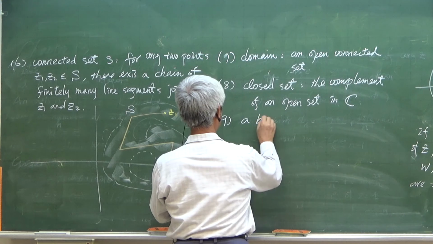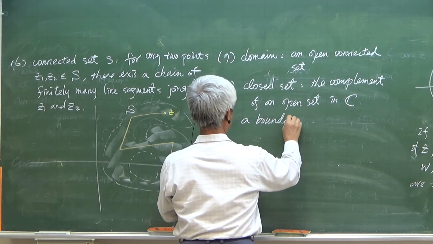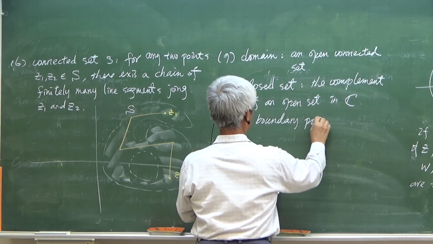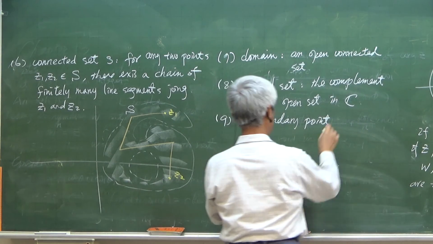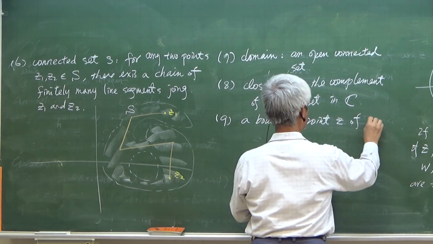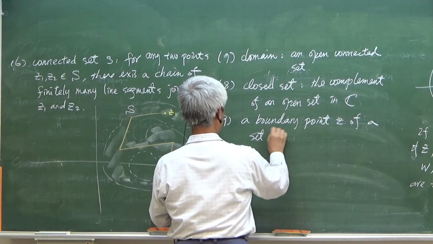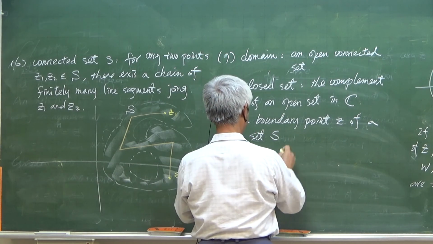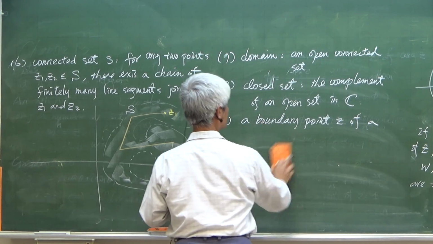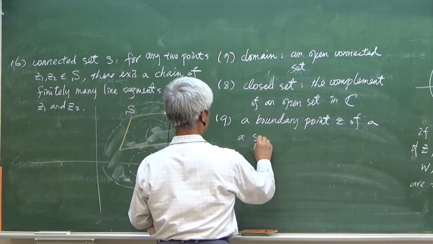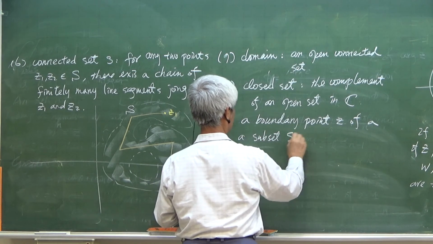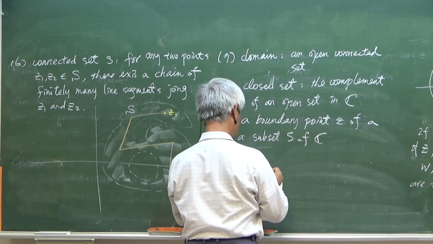Eight, nine. A boundary point z of a subset of the complex plane.